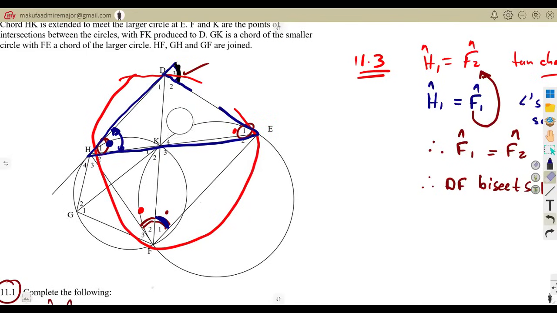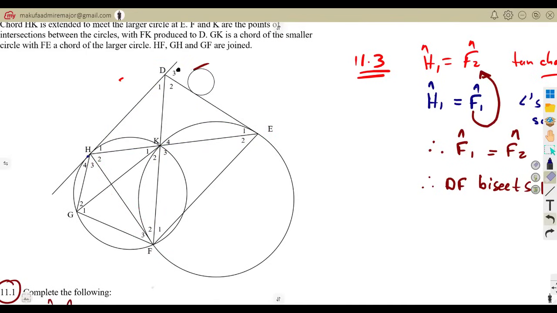Let's try to remove some of these things. I just hope, guys, you're going to remember what we say they are equal. Before we said H1 and F2, and E1 and H1, remember, we say they're equal. All right, no problem.